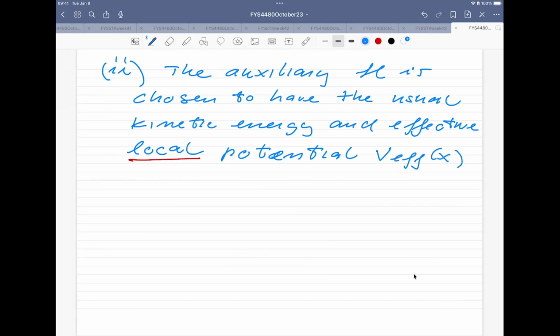And this is where we will stop the lecture today. So a parallel, this is the Hartree-Fock potential.